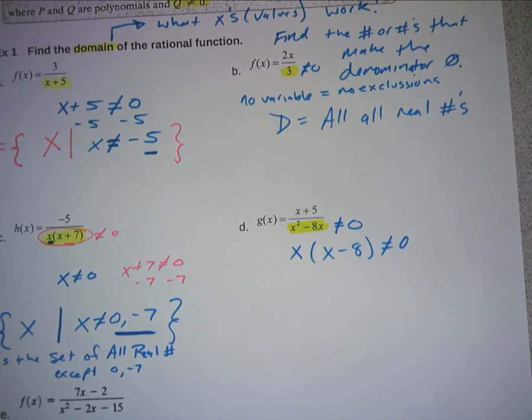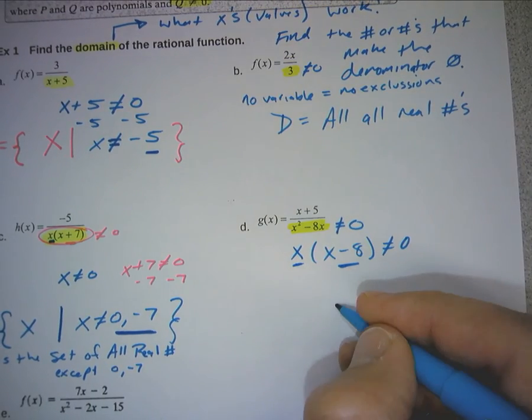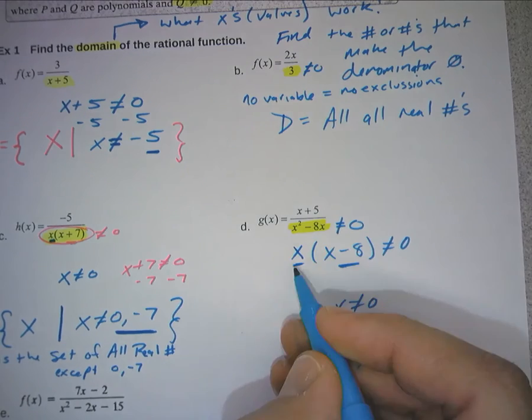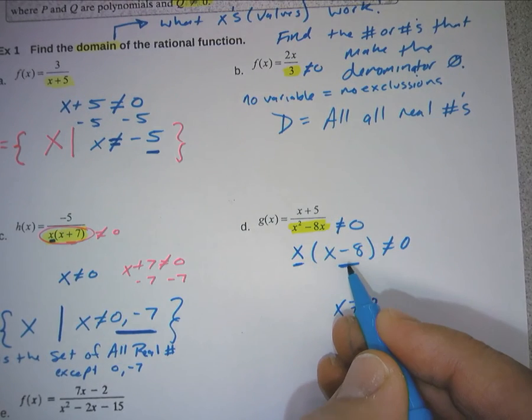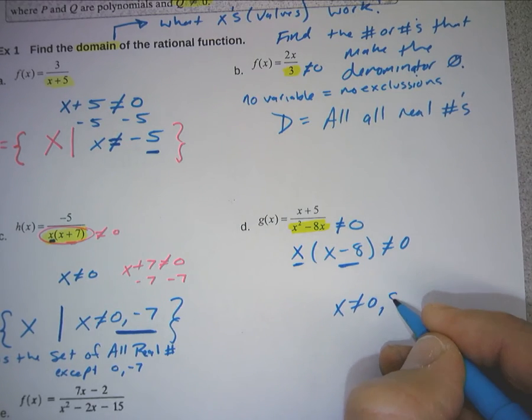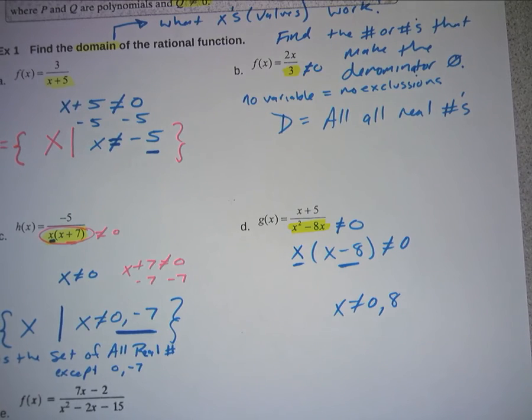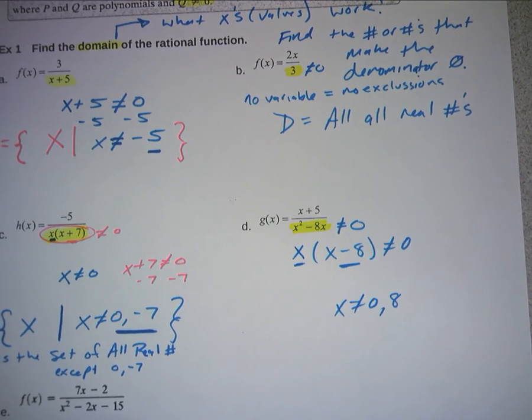Okay? From there, I would set each one of these equal to 0, but we know the first one is 0, and then we knew that if we have x minus 8, the answer is going to be the opposite sign. At least we should. So we get the exclusions of 0 and 8.